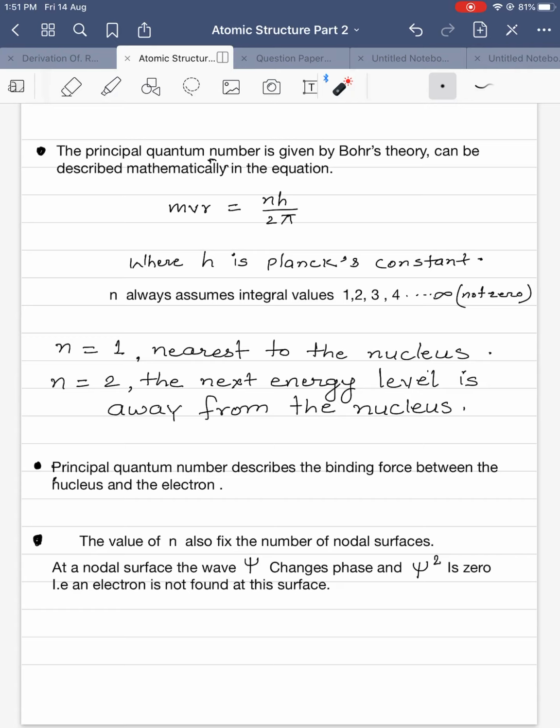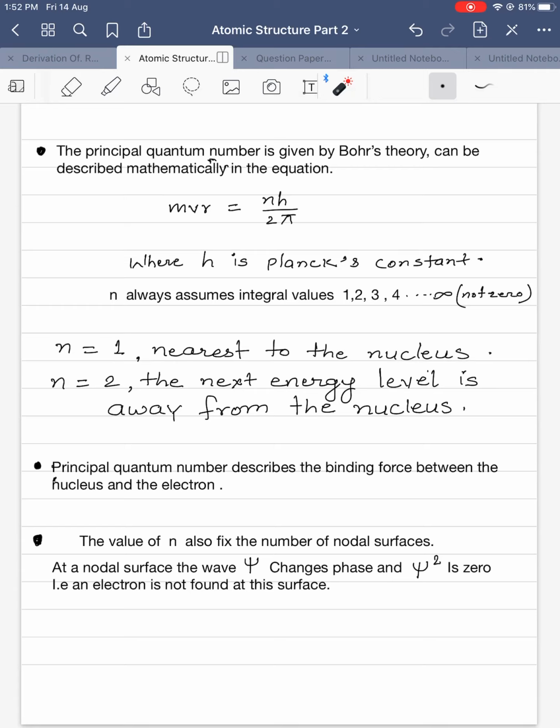Principal quantum number describes the binding force between the nucleus and the electrons, and the size of the electron orbit, that means the distance between the nucleus and the electron. The electron having the highest principal quantum number is at the highest energy level.